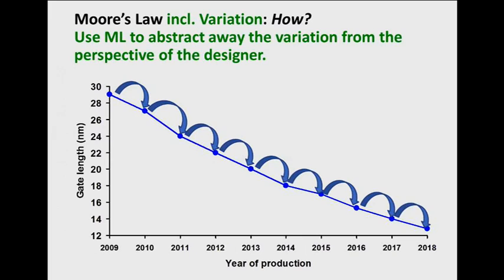And the thing that my company hit upon back in 2004 when we were starting to found it was, let's use machine learning to abstract away the variation from the perspective of the designer. Okay? So the designers don't know about machine learning at all. They tend to know a lot about analysis with equations and Fourier transforms and a lot of other really amazing mathematical tools.